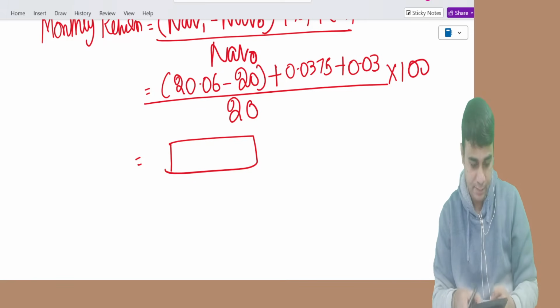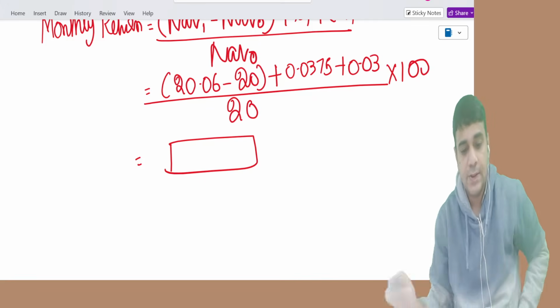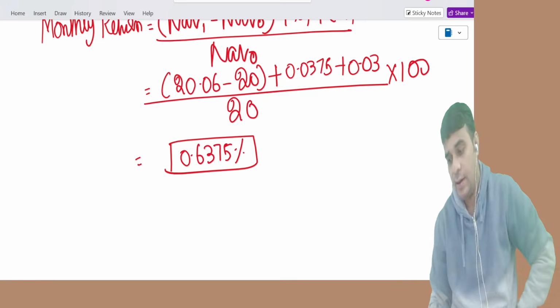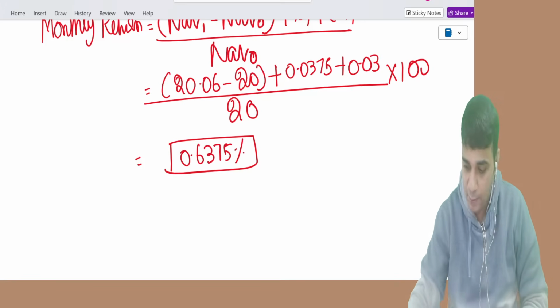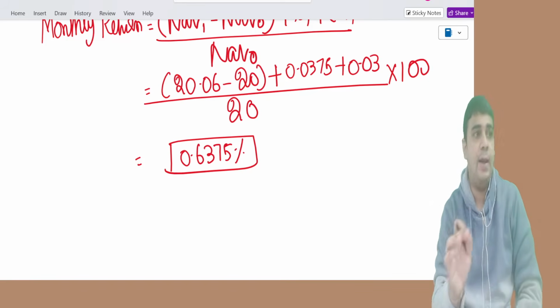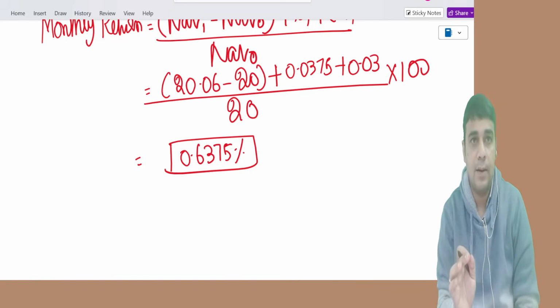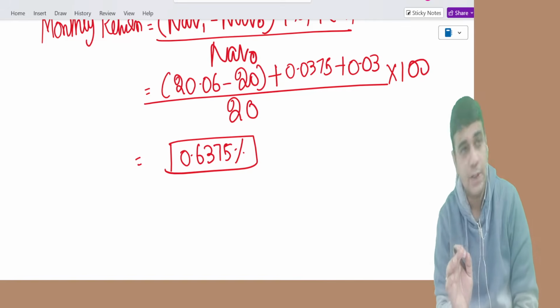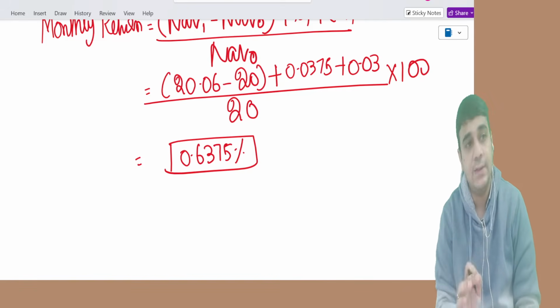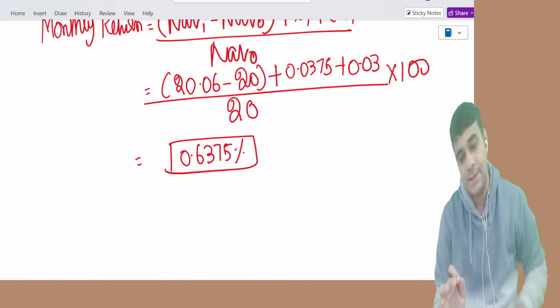Let me know the answer. 0.6375 percentage. Any doubts on this? Clear? Can we proceed? This is your monthly return. The monthly return is 0.6375 percentage.